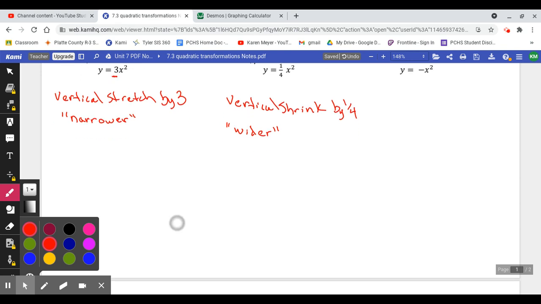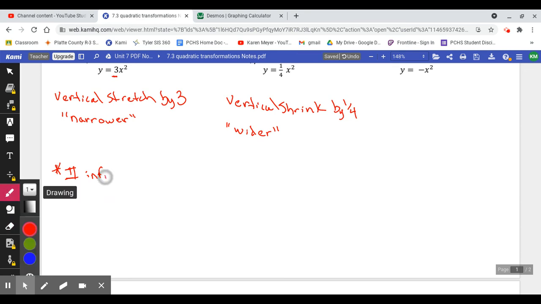Okay, so let's make a little conclusion here. We're looking at the number in front. So the number in front of x squared will tell you if it's a vertical stretch or shrink.